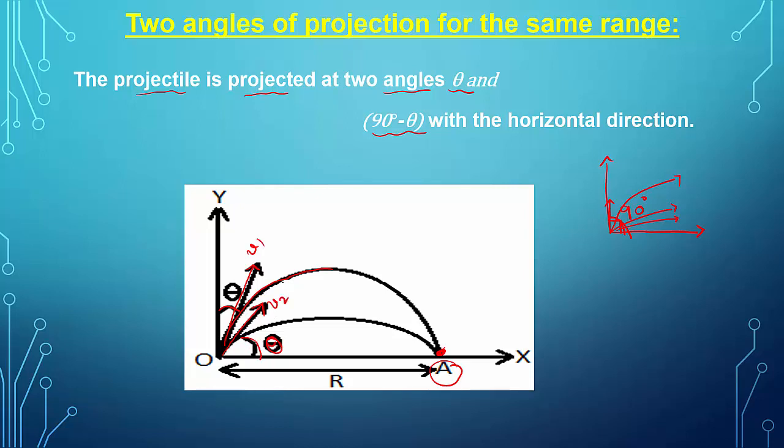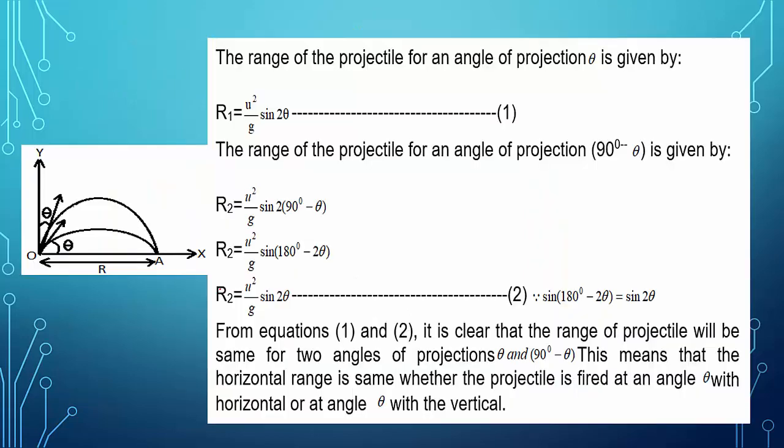Observe here, we can project a projectile at two angles. The first one is theta, the second one is how much? 90 minus theta. Right? Now, you can observe here, the range of a projectile for an angle of projection theta. We already studied horizontal range.